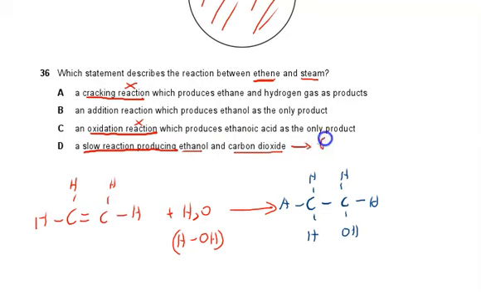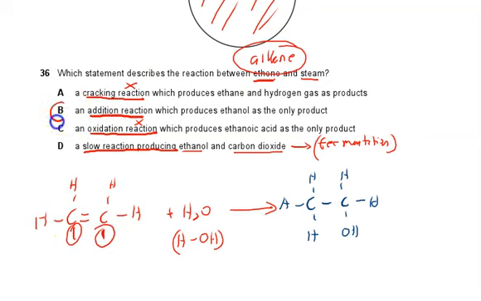This one must be fermentation process. Okay, then if you look at here, anything to do with the alkene, it must be an addition reaction because they are adding it. So it should be B here, 36.